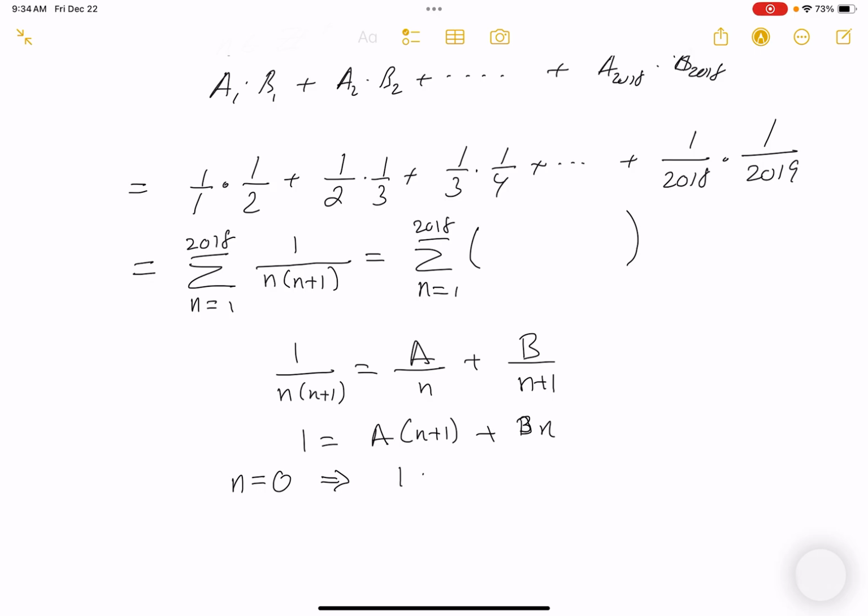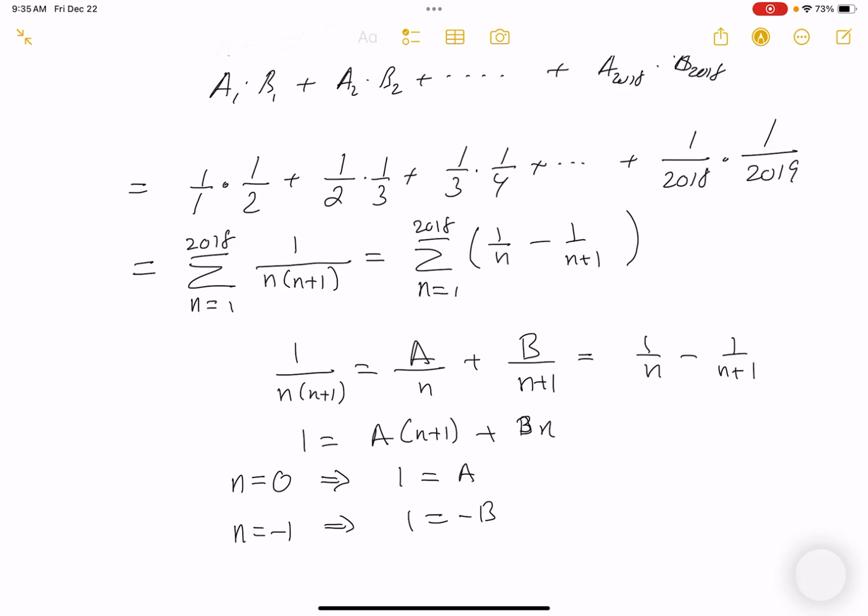You would get 1 equals a. So a is 1. Let's try to do the b now. I'm going to pick n to be minus 1. The first term disappears because minus 1 plus 1 is 0, so you just get minus b. So what's b going to be? Minus 1. So write this over here. Then write this down: 1 over n minus 1 over n plus 1.